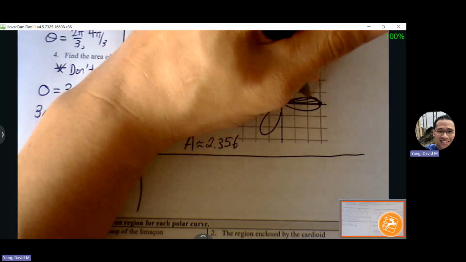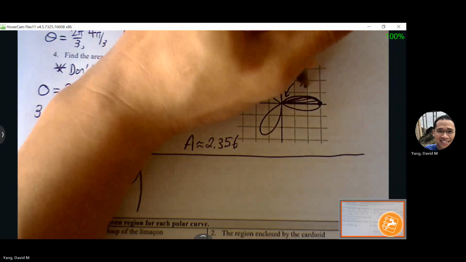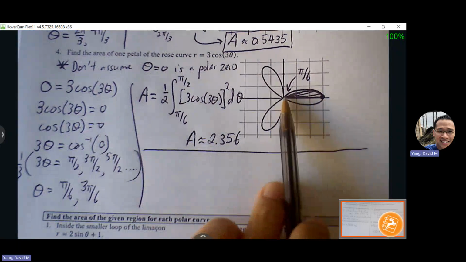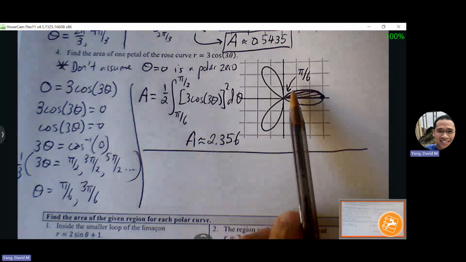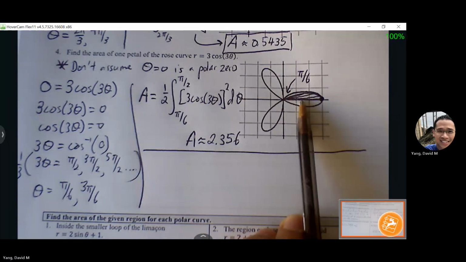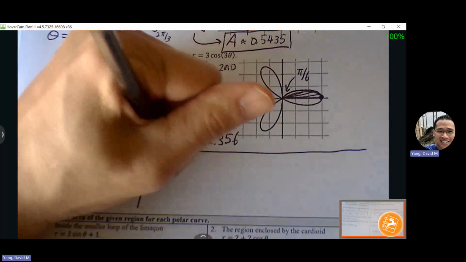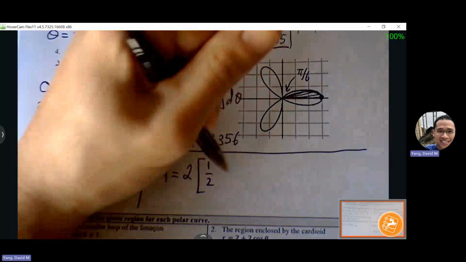It's going to come in this way. Can we find the area of the petal if we just have 0 and pi over 6 to work with? We can find the area of this region and then do what? Just multiply by 2. Okay, so I just want to show that we could do this from 0's perspective.